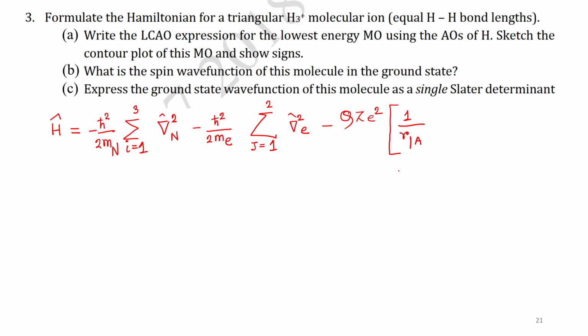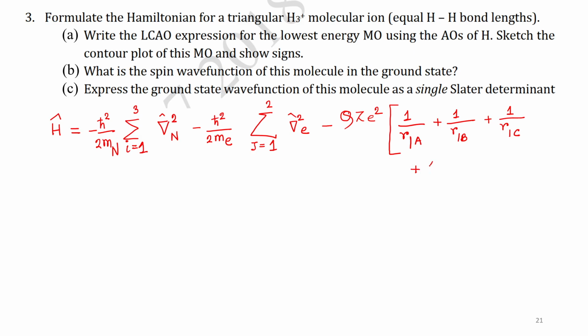A. Suppose there are three nuclei A, B, C. So my first electron will receive an attractive potential energy from one of the nuclei, that is the A nucleus. Similarly, it will have an attractive potential from the B as well as the C nucleus.